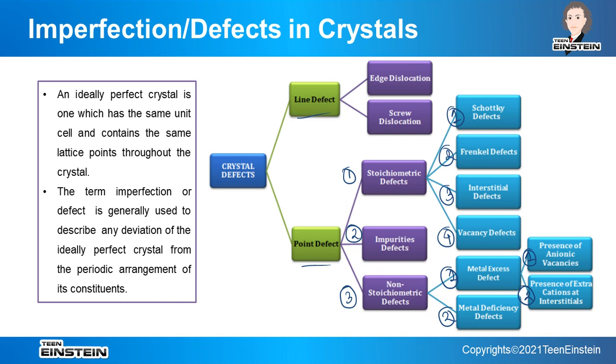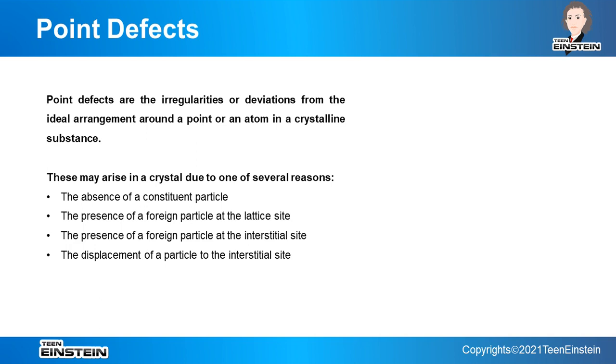Okay, so first we have to know what point defect is, and under point defect we have a total of 3 types. From the name you can understand that there will be irregularities or deviation from the ideal arrangement around a point or an atom in a crystalline substance. That is why it is called point defect.